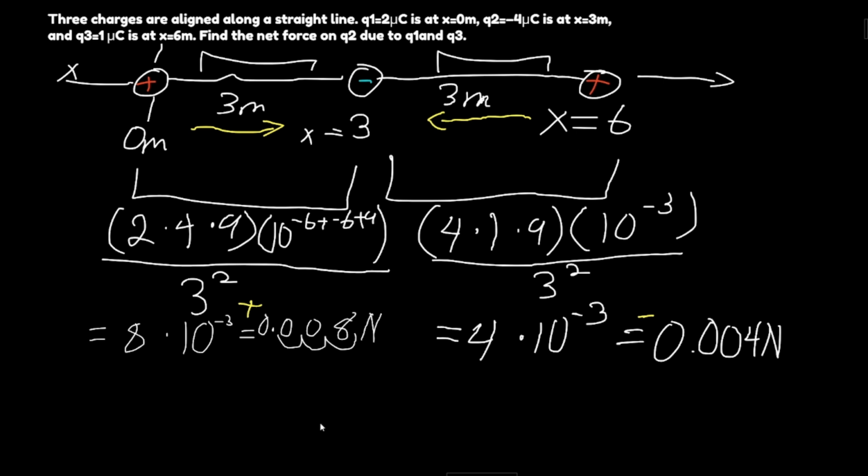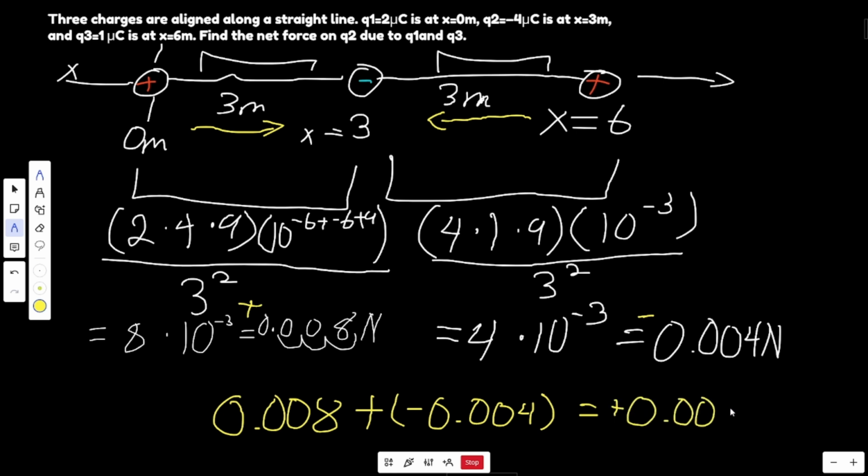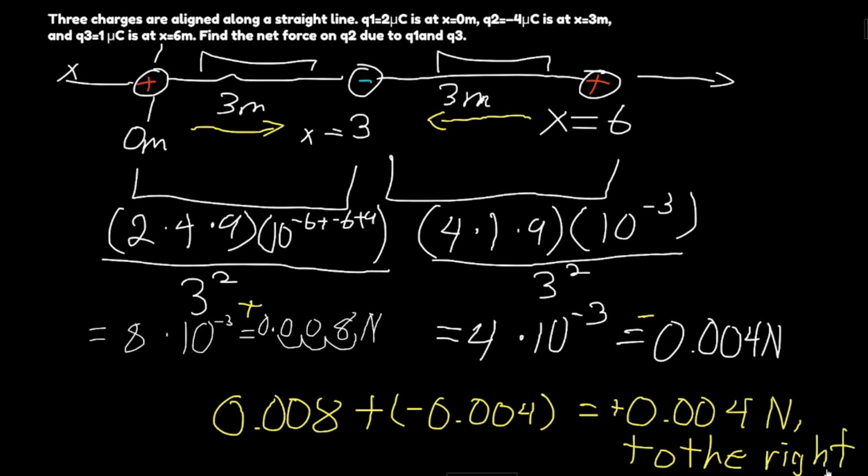So if we add these two together, we'll have 0.008 plus negative 0.004, we would get a positive 0.004 newtons. And that means our final direction is to the right. And that is the final force experienced by Q2, as well as its direction.